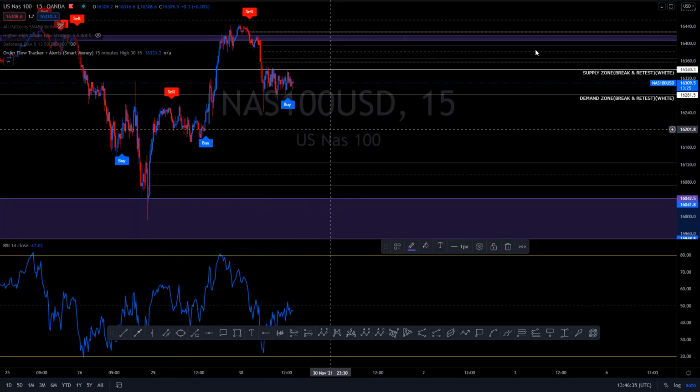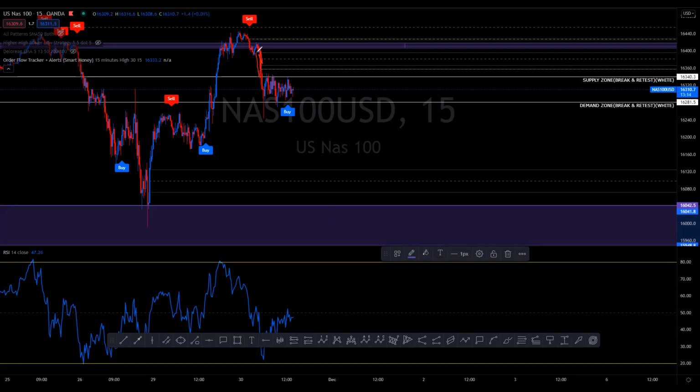So when we look at the most recent trend, which was here, price trended down and caused an insufficiency in price called the imbalance.